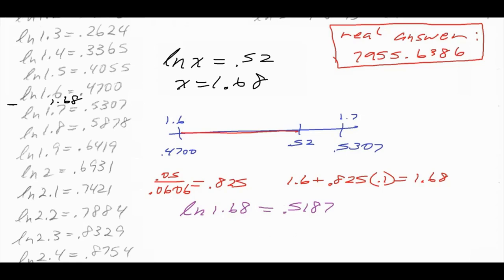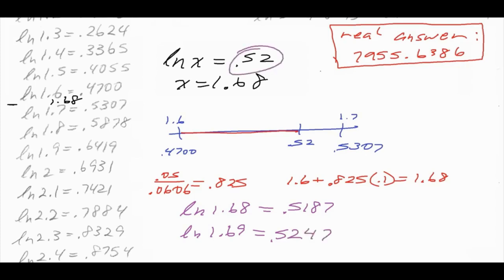So we know we don't want to get to 1.7, so maybe try 1.69. So it's kind of a guess and check situation now. So if I take this log, I get 0.5247.